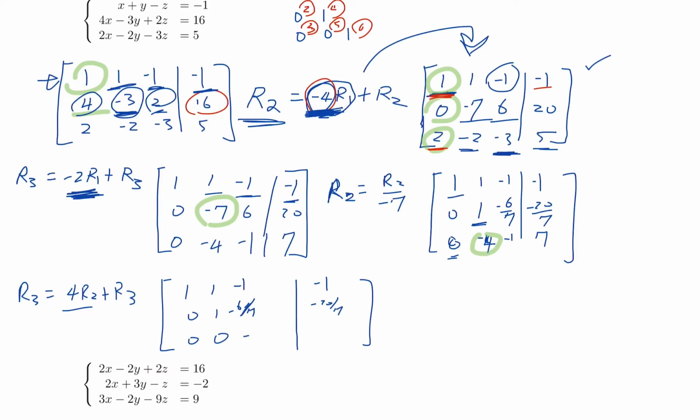Negative 24 over 7 minus 1, and 1 is the same as 7 over 7. To have a common denominator, I'm going to write it like this. Negative 24 over 7 minus 7 over 7. Then here, let's do 4 times negative 20 over 7.